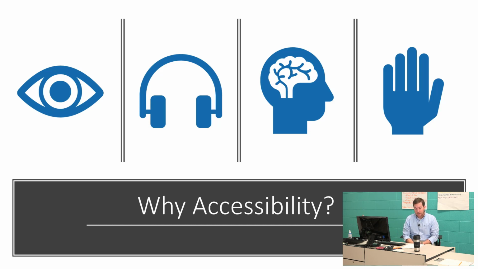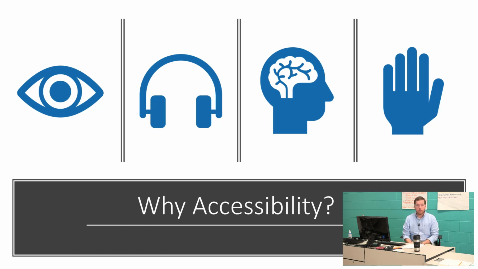For hearing impairments, obviously that's where your closed captioning comes in for our students that are hearing impaired. But where people forget about accessibility is students that have cognitive disabilities. Maybe they have some sort of learning disorder. When you take into account some of the things we're going to look at with these Word documents, that helps to organize your resources better.